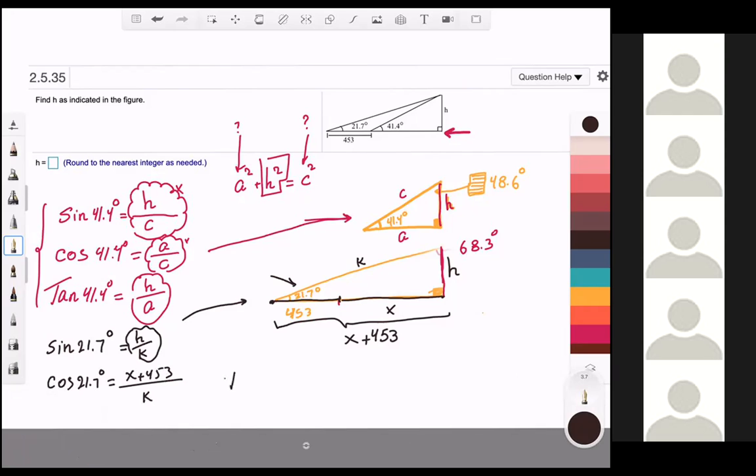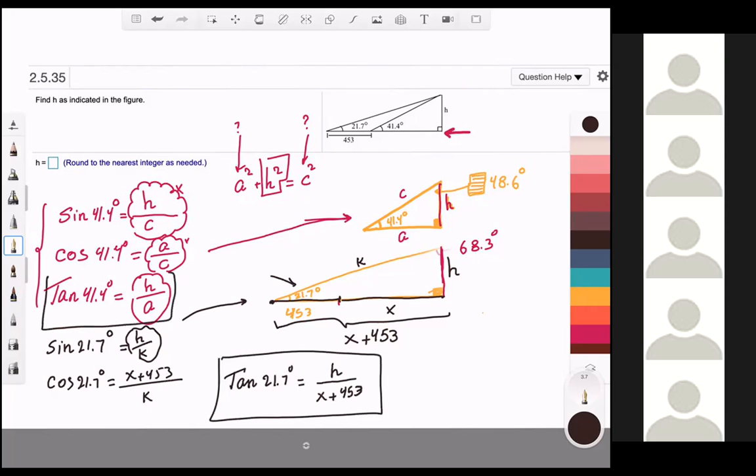If I use tangent of 21.7 degrees, I will get H over X plus 453. So in tangent here, we have H over X. Here we have H over A. Both of them have H.